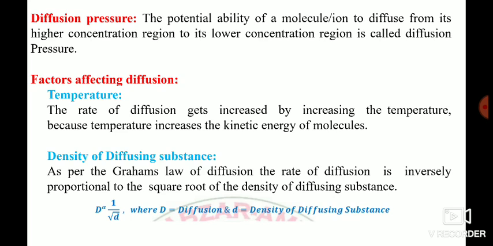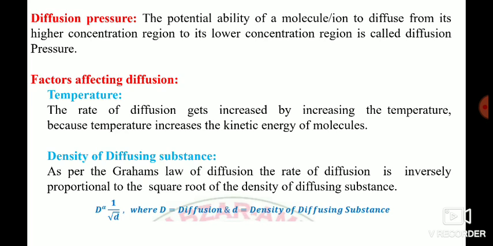Diffusion pressure is the potential ability of a molecule or ion to diffuse from its higher concentration region to its lower concentration region. So you can say diffusion pressure is the ability of a molecule or an ion to move from its higher concentration to lower concentration.